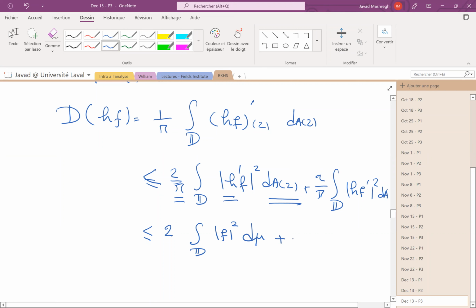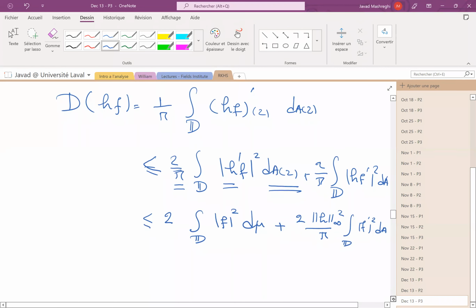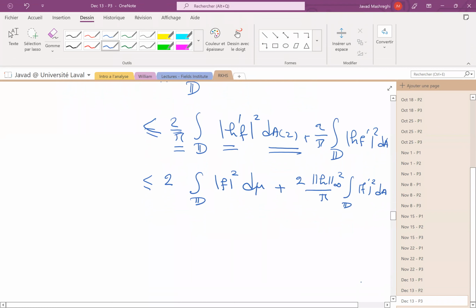And for the other one, one more time, I use the fact that h is in H infinity. So twice norm of h infinity squared over pi integral over D of |f'| squared dA. And by assumption, the star formula, this is less than or equal to 2, a constant times norm of f in D squared. And that's also D of f.